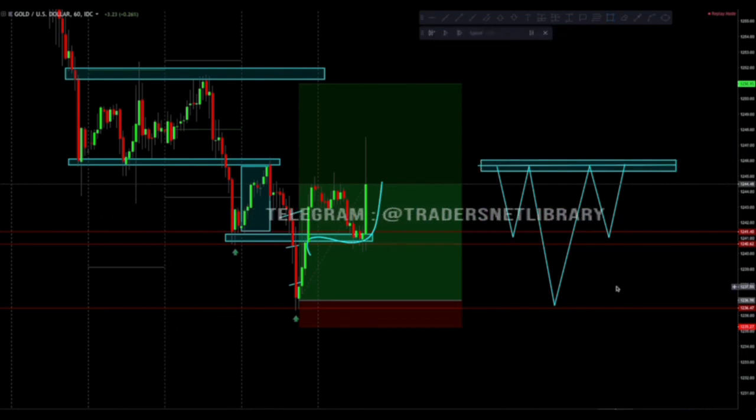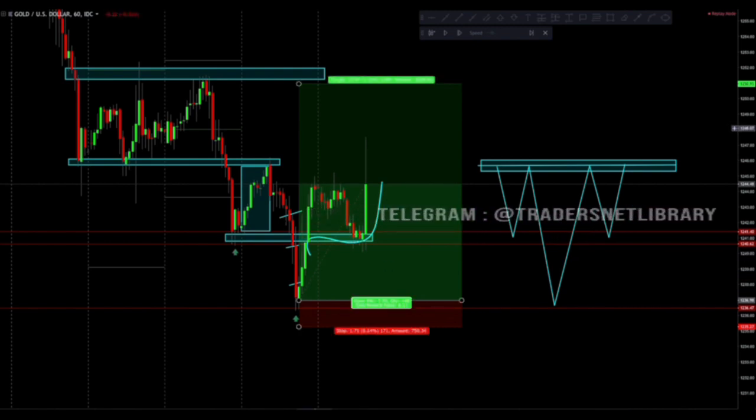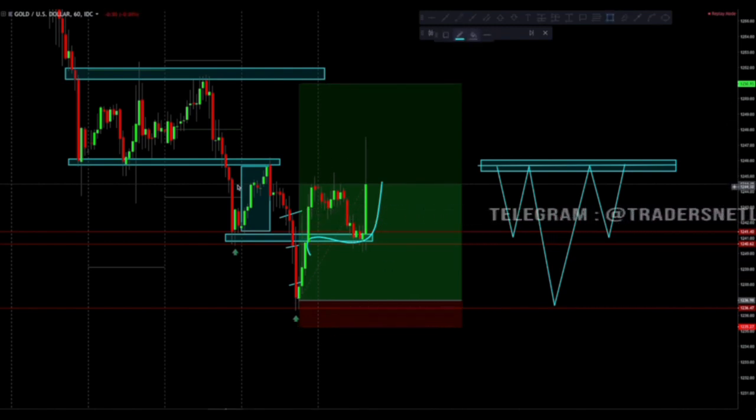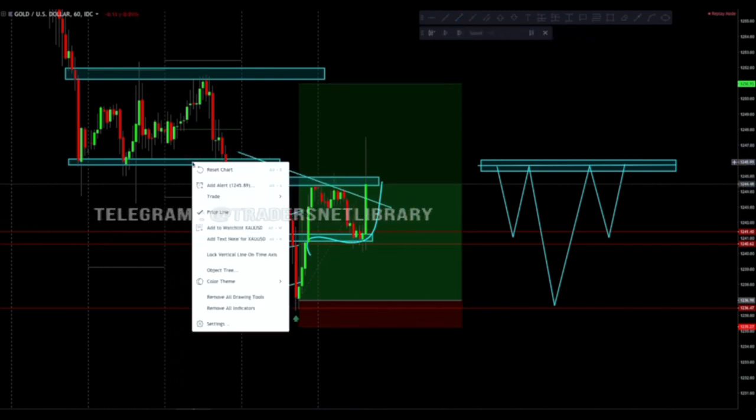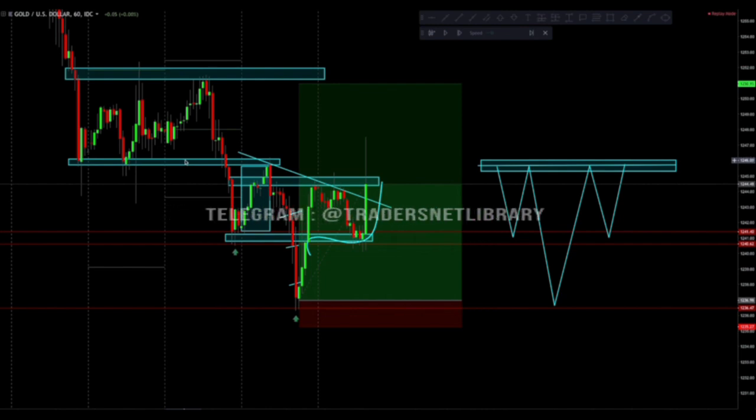It's always a neckline. Okay, so what we're waiting for right now is the neckline, which is around here, and the trend line, which is right here, to be retested or broken.